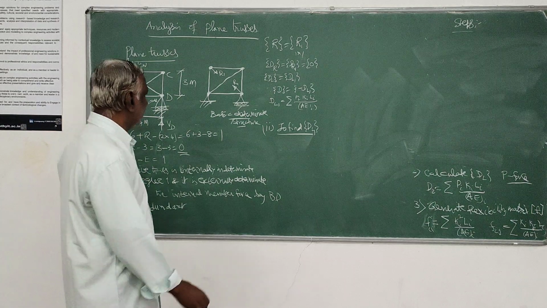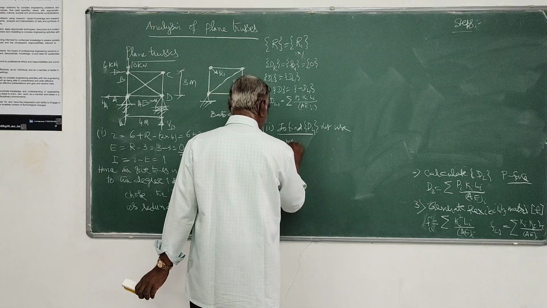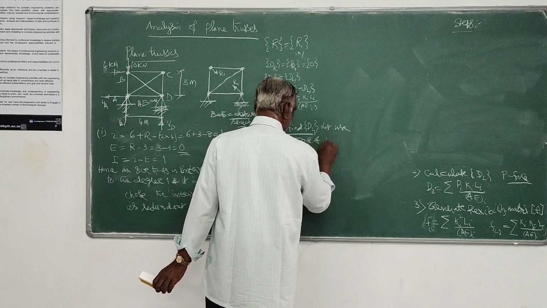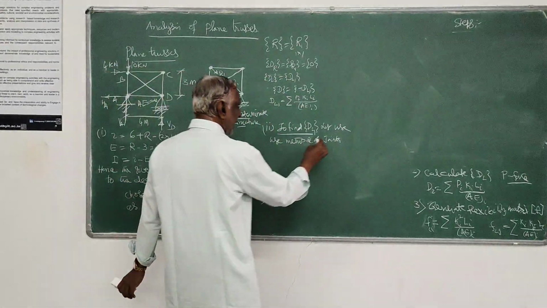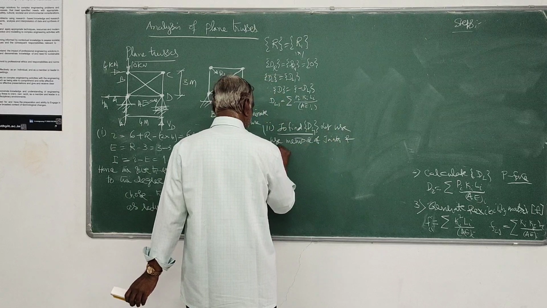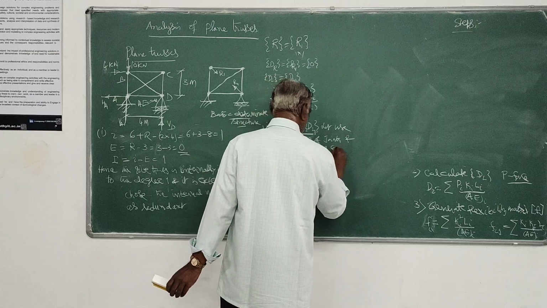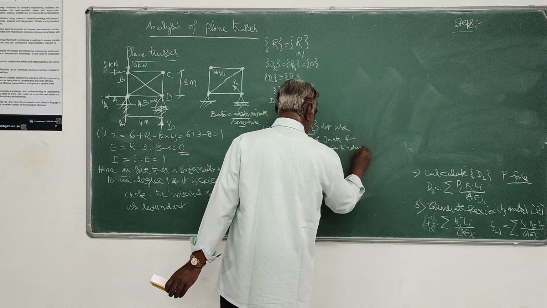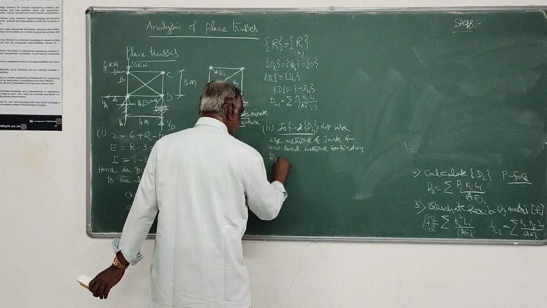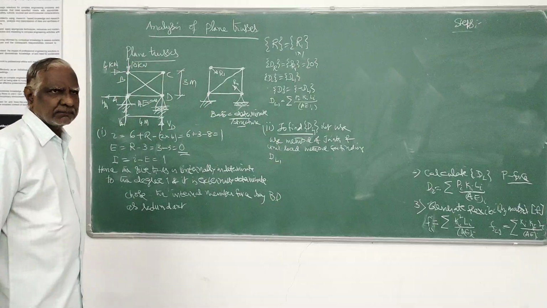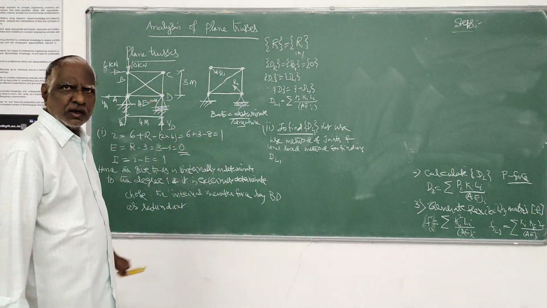To find delta L1, let us use the method of joints and the unit load method, or dummy load method, for finding this delta L1. Right, method of joints for the analysis for finding displacement, that is the unit load method.